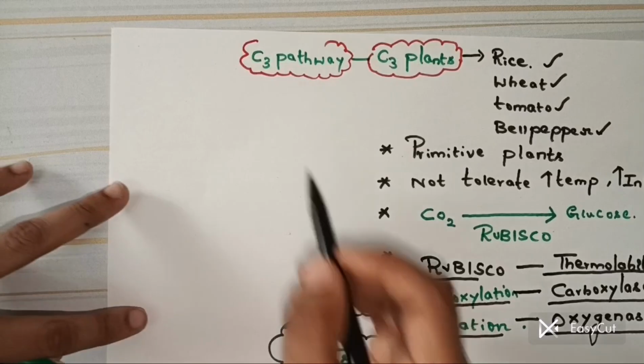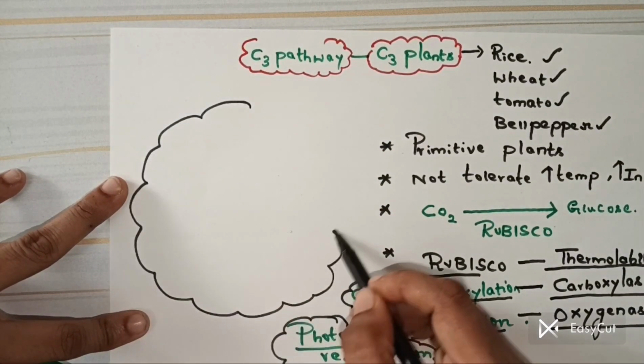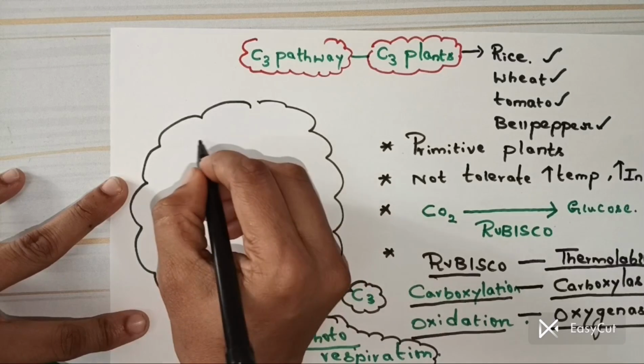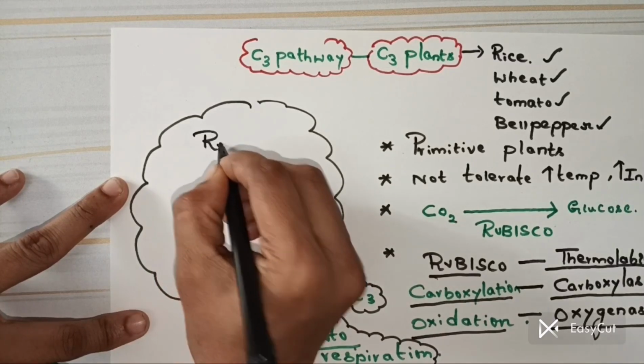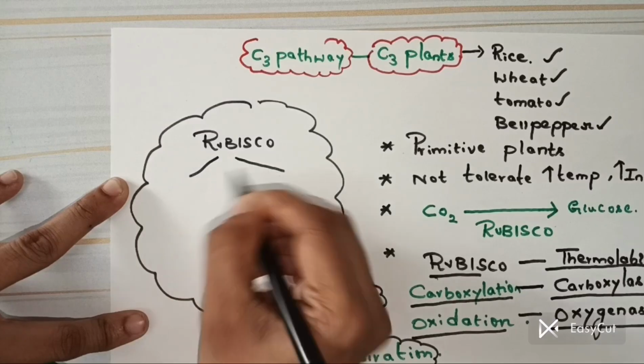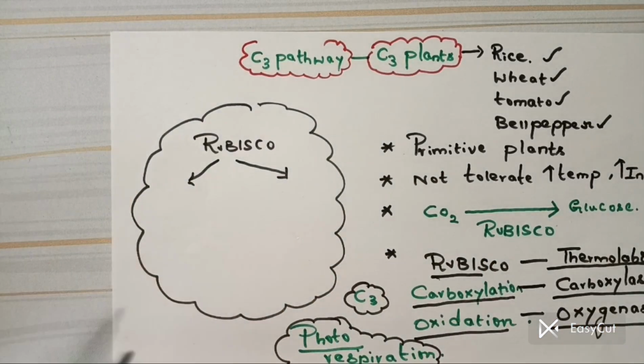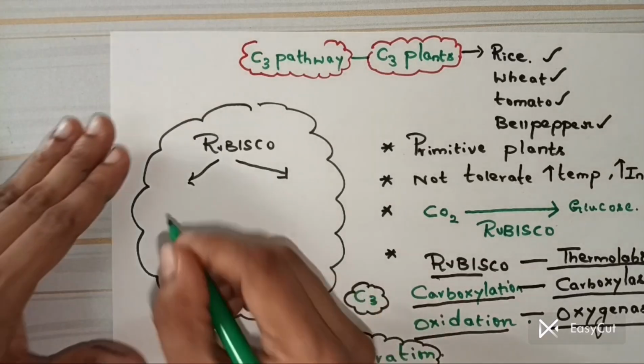I'm going to teach you the very important NEET concept about Rubisco. Yes, Rubisco is going to show a dual mode. One, it can act like a carboxylase. The other, it can act like an oxygenase.